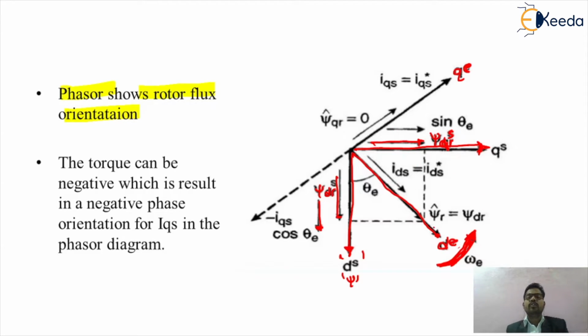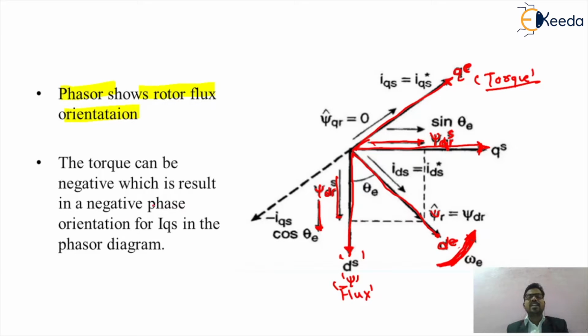If you want to get the values of IDS and IQS, you want to convert the value of IDS into IQS. So friends, from this figure we can get the value of your torque by means of IQS, and the value of your flux from the d-axis component.